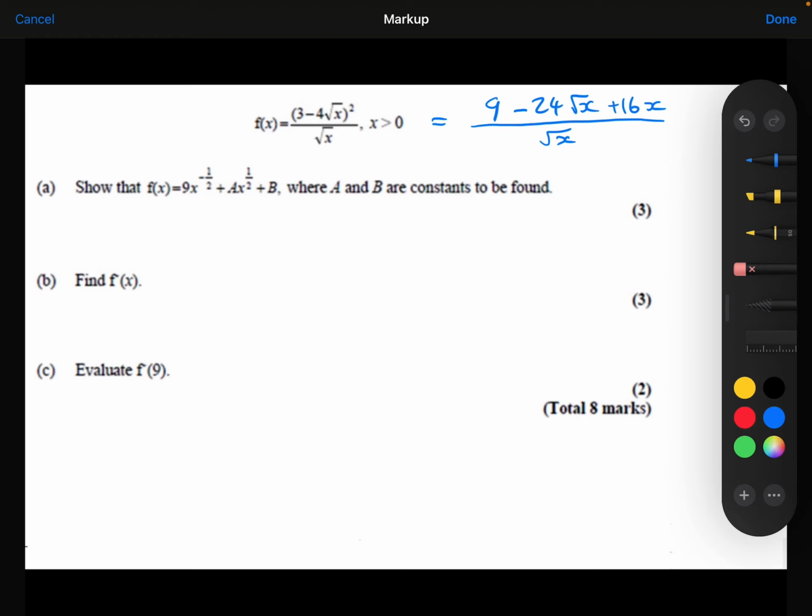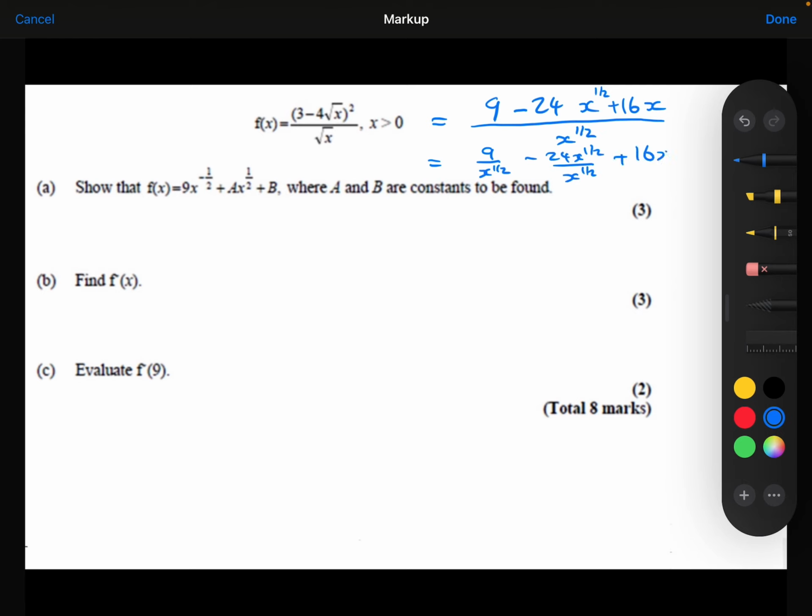Right, now to simplify one step more, I'm going to rewrite these square roots as being x to the power of 1/2. And I can now divide each of these terms. So I'm going to divide the 9 by x to the power of 1/2. I will divide the 24x to the power of 1/2 by x to the power of 1/2.